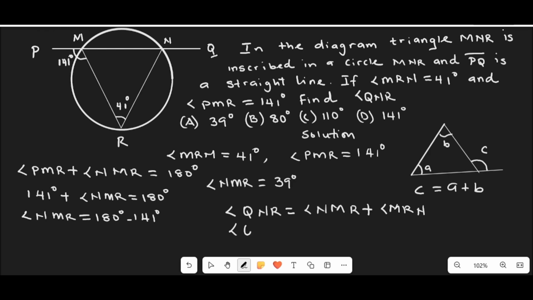So angle QNR equal to our angle MNR is 39 degree, 39 degree plus angle MRN is 41 degree. So angle QNR equal to 80 degree. So the correct option is B.